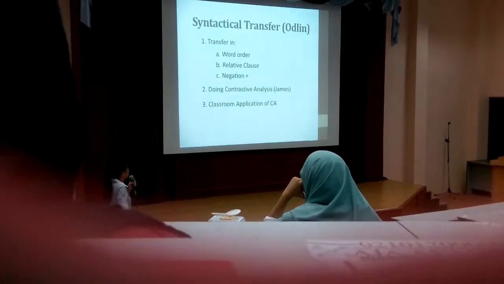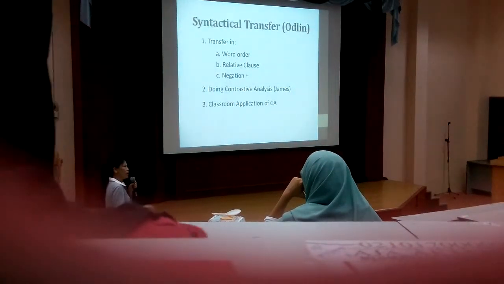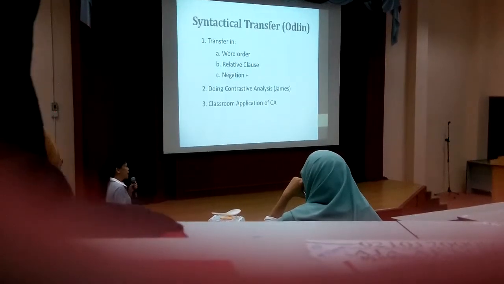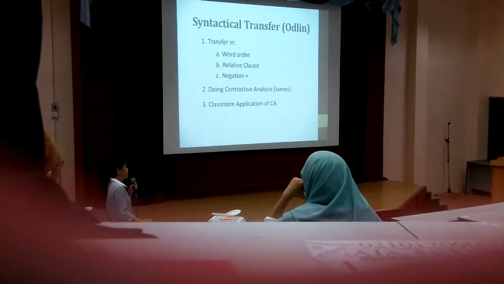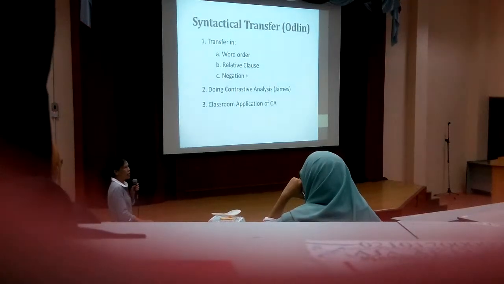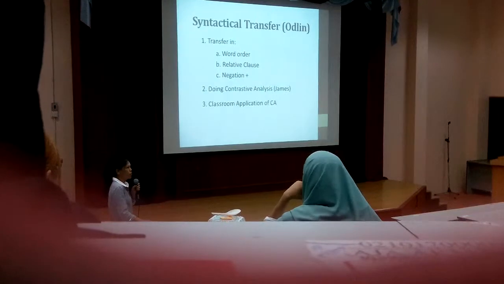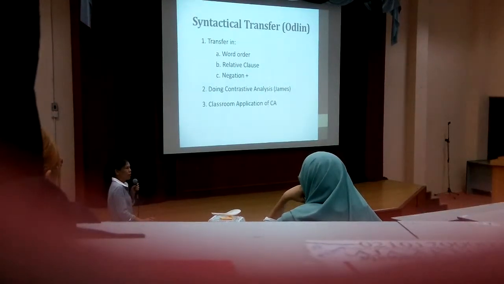Now, syntactical transfer, we will look at transfer in word order. In Malay, how is the word order? Perempuan cantik. We always use the adjective cantik. Something else. Perempuan bijak. In English, we don't say woman intelligent. We say intelligent woman, right? So word order is different.